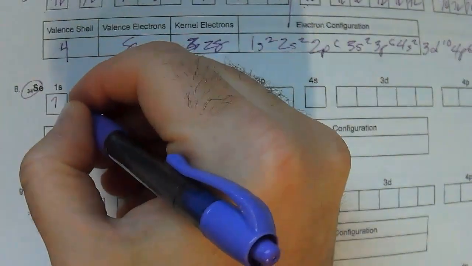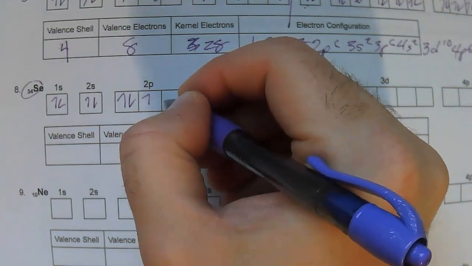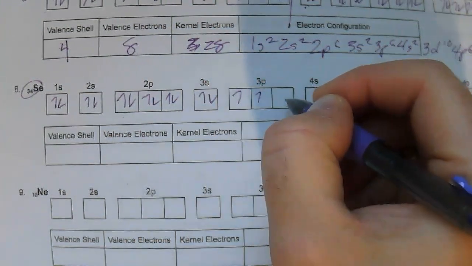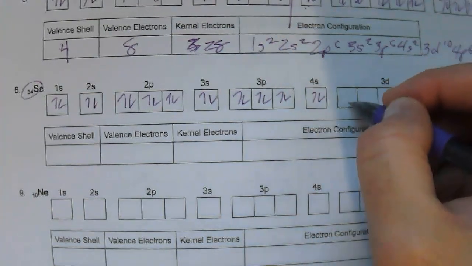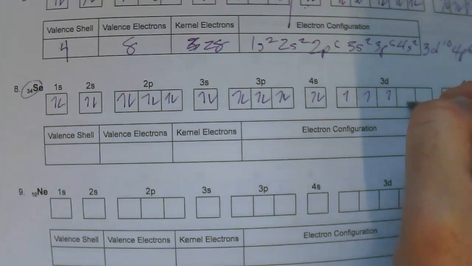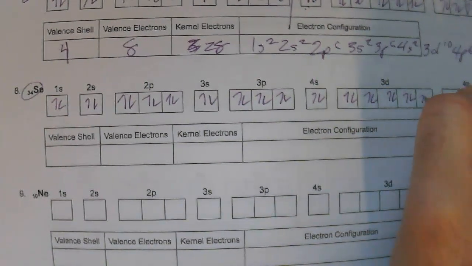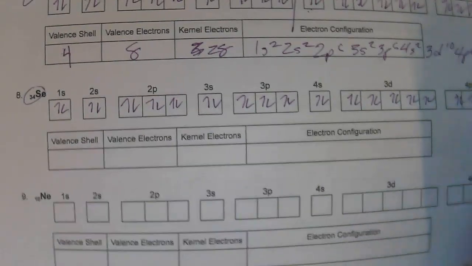So I'm going to do 1, 2, 3, 4, 5, 6, 7, 8, 9, 10, 11, 12, 13, 14, 15, 16, 17, 18, 20, 21, 22, 23, 24, 25, 26, 27, 28, 29, 30, 31, 32, 33, 34.